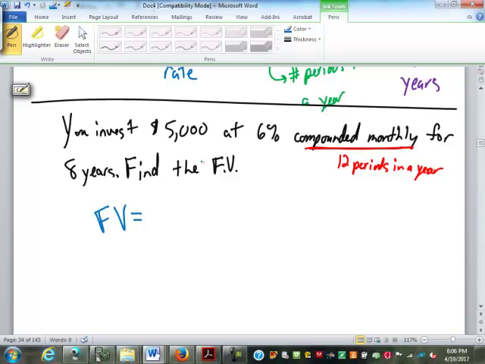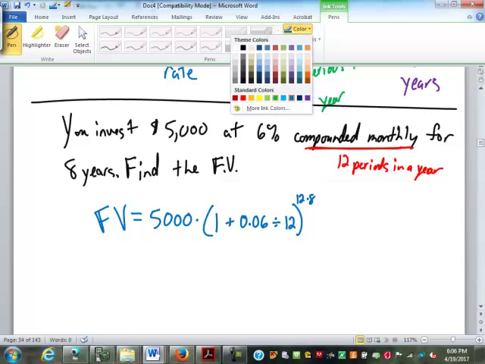What's our present value? $5,000 times, we open parentheses, 1 plus, what's our rate? 6%, so 0.06, divided by periods in a year, 12, to the power of 12 times 8, n times t.